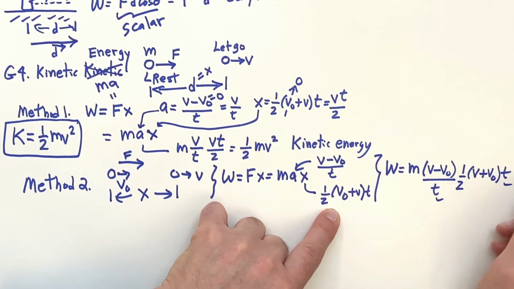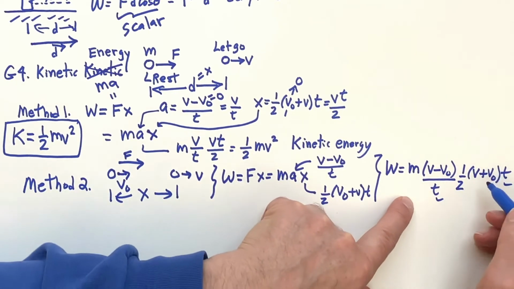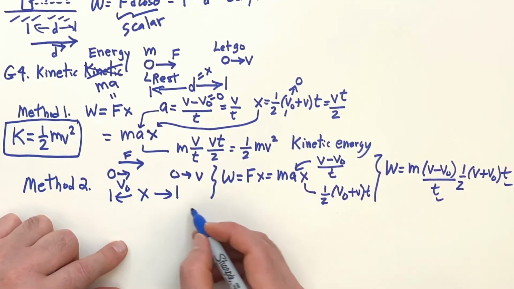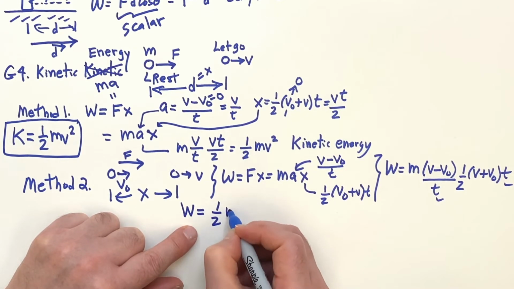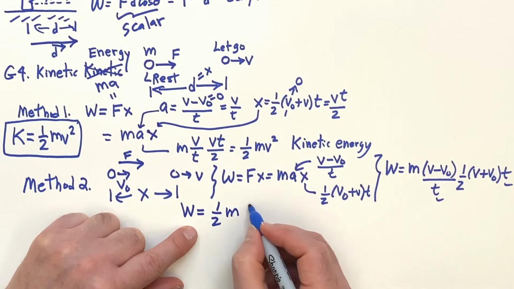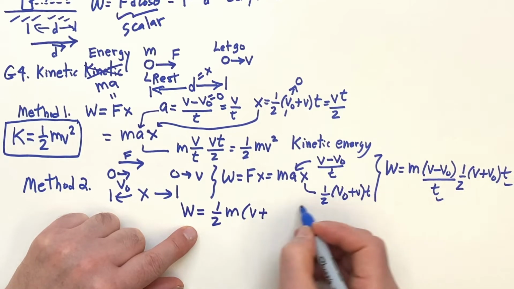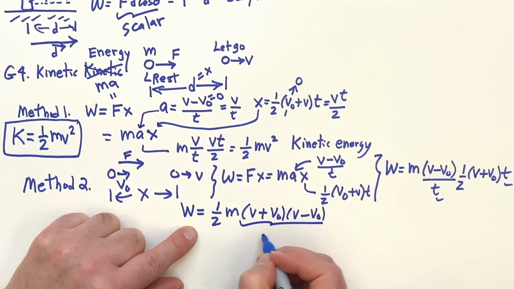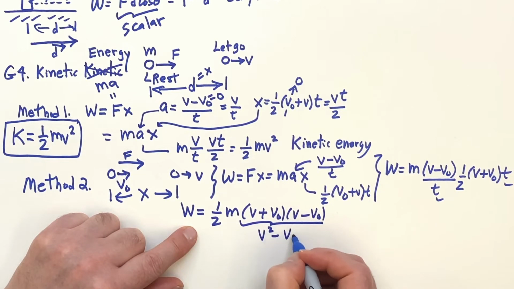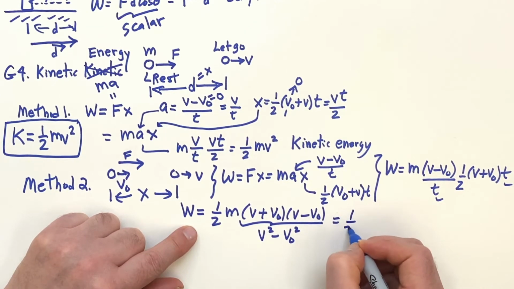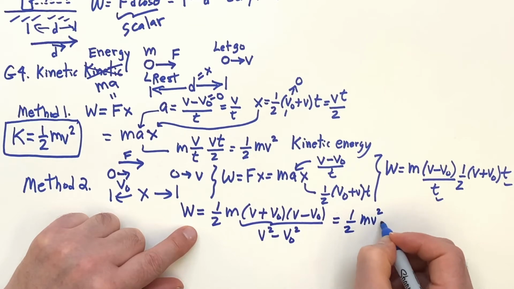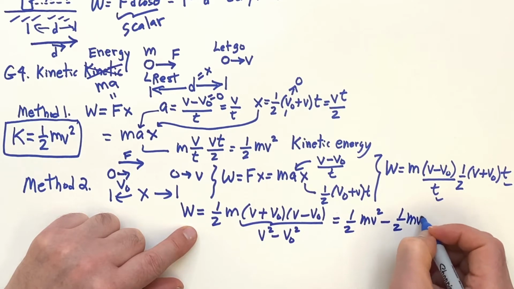The t's are going to cancel, and guess what happens when you have the sum and difference of 2 terms? Well, this will be 1/2 m, put the 1/2 out front, m, and this is v plus v0 and v minus v0. That's going to be v squared minus v0 squared. So in other words, we're going to have 1/2 mv squared minus 1/2 mv naught squared.